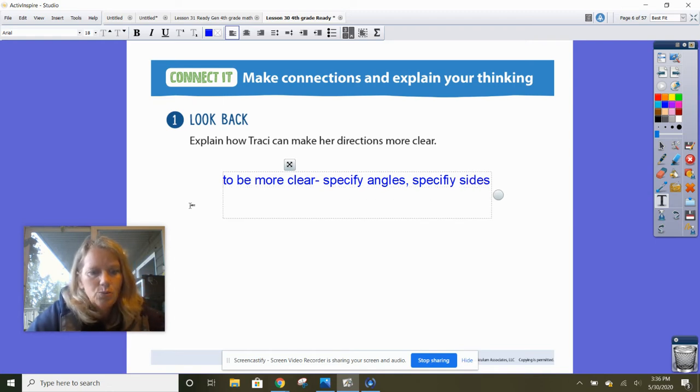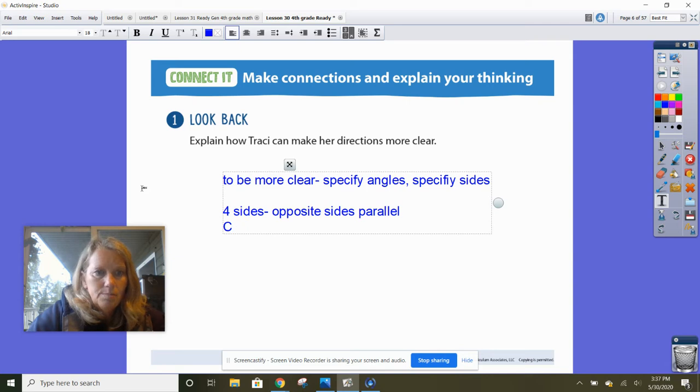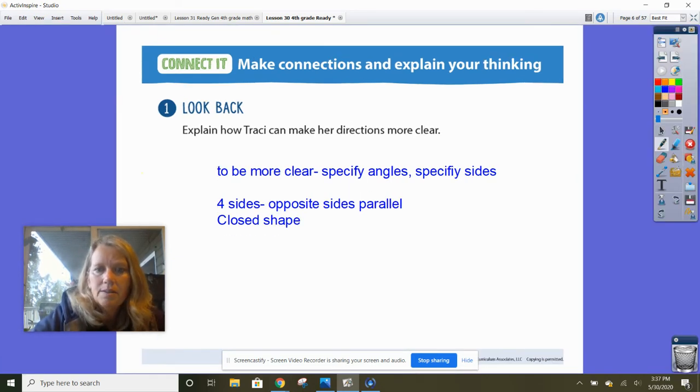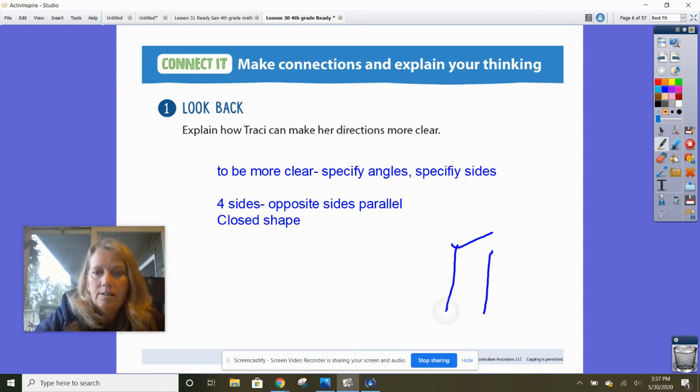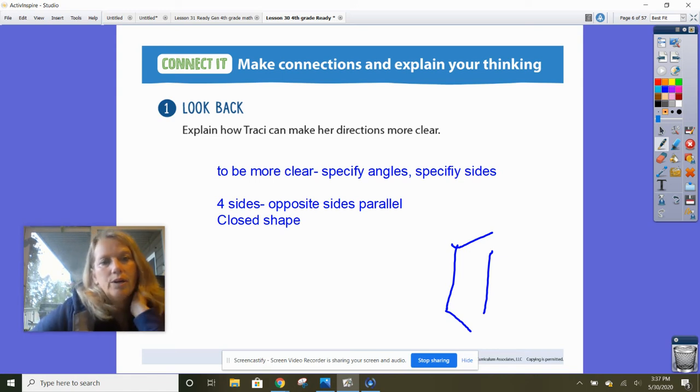So for the sides, we want 4 sides, opposite sides parallel. We want a closed shape, right? We don't want it to be something like 1, 2, 3, 4, something like that. Those aren't parallel, but yeah, we want a closed shape.